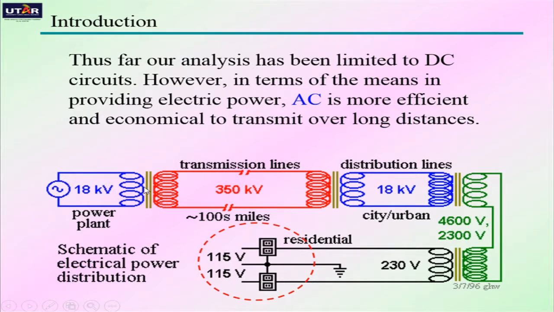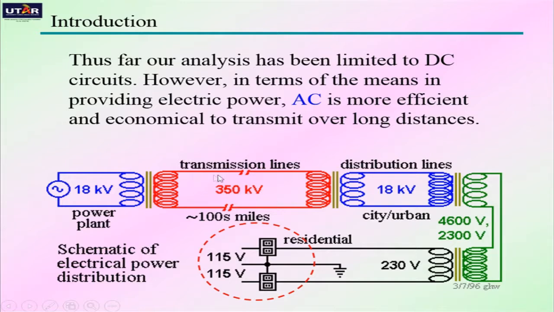So this block diagram is basically similar to the diagram that I showed you just now. So the voltage generated by the power plant is about 18 kilowatt. Once it goes through a transformer, it will be stepped up to 350 kilowatt, and the current will be stepped down at the same time.